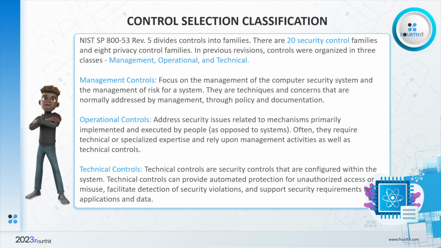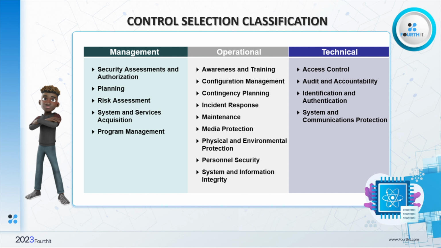And so whenever we are talking about operational controls, I want you to think about awareness and training. I want you to think about incident response, media protection. And so when you sit down and you let it sink in, you could see that, oh, truly, system and information integrity is part of it. Personnel security is also part of it. And those are the operational controls that we are talking about.